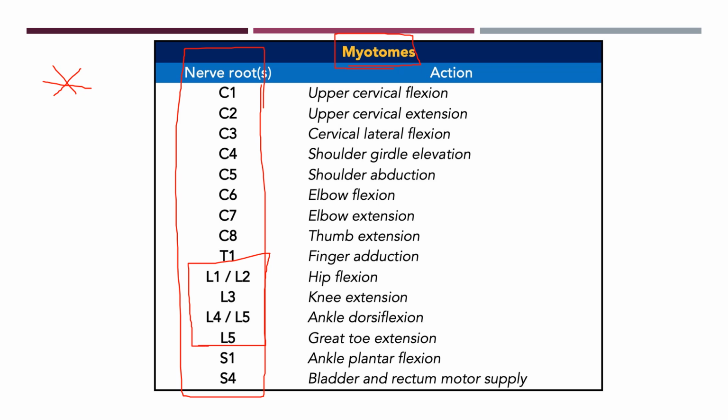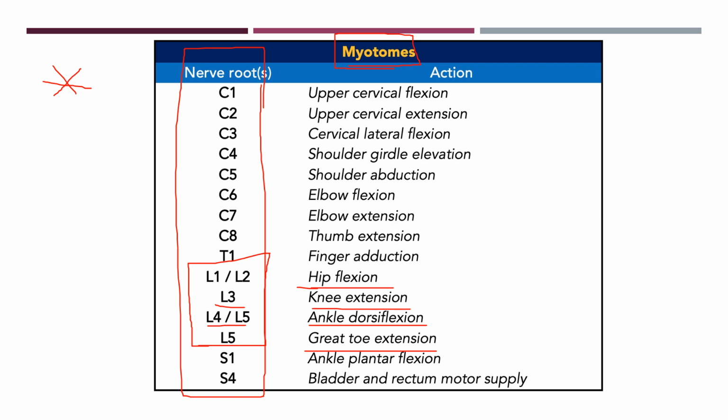So L1, L2, if we have compression there of the nerve root itself, you're probably going to see weakness with hip flexion activities. If it's at the L3 area, they may be weak in the quadriceps or knee extension activities. L4, L5, you may see some foot drop happening. Okay, they won't be able to dorsiflex their foot. And L5, great toe extension. So those are the ones that I really want you to know.